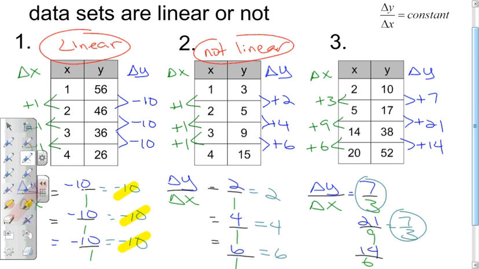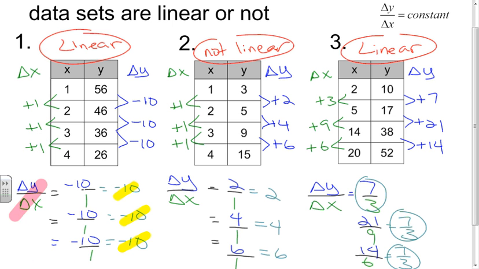And 14/6 is both divisible by 2, so when I divide them both by 2, numerator and denominator, I get 7/3. So it didn't seem so obvious when I looked at it, but now that I look at the actual rates of change, they're all 7/3. So in fact, this one is linear as well.